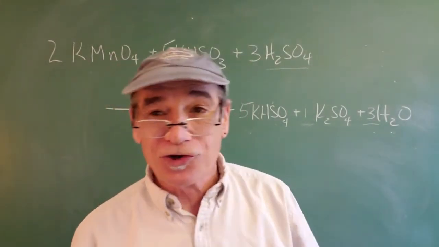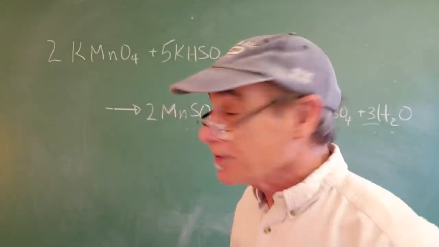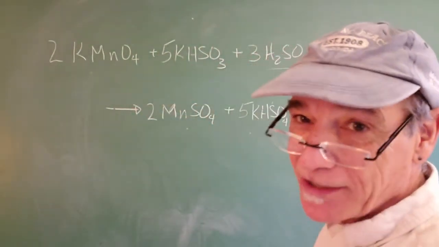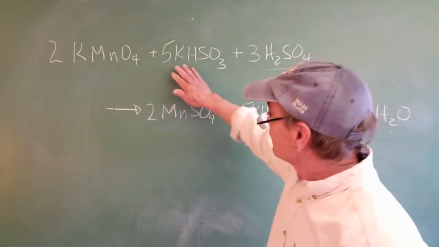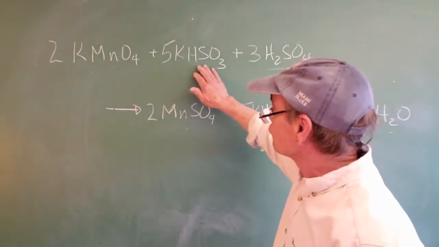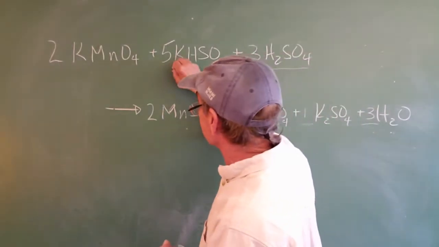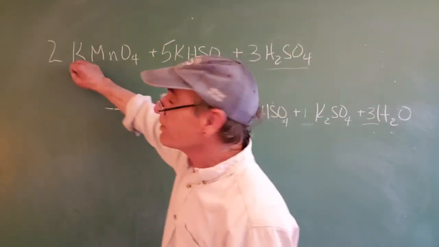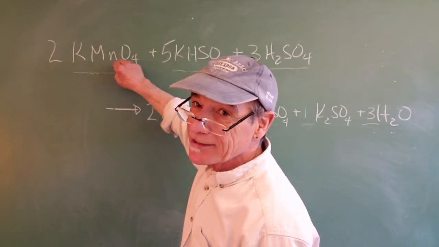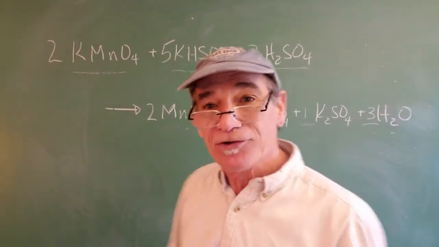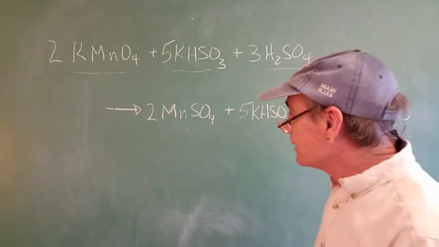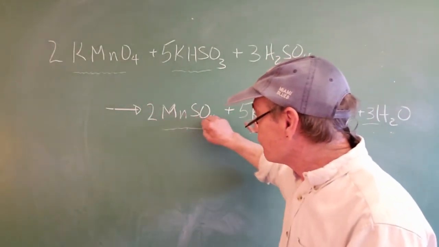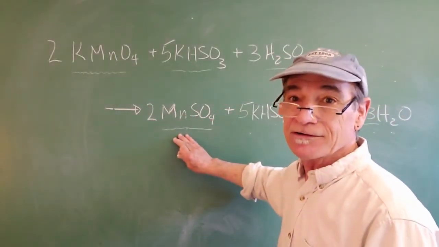Now, the reason we chose this reaction for you to do, we wanted you to practice balancing redox equations, but the reaction of potassium hydrogen sulfite, which is a nice clear solution, and this very, very purple permanganate, has a built-in endpoint, because once the last of the permanganate gets eaten up, this manganese sulfate is colorless, it's clear.